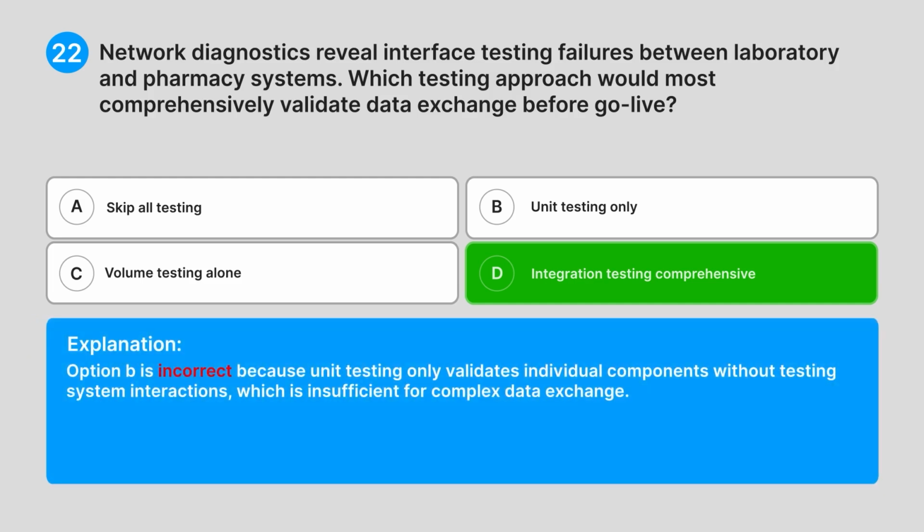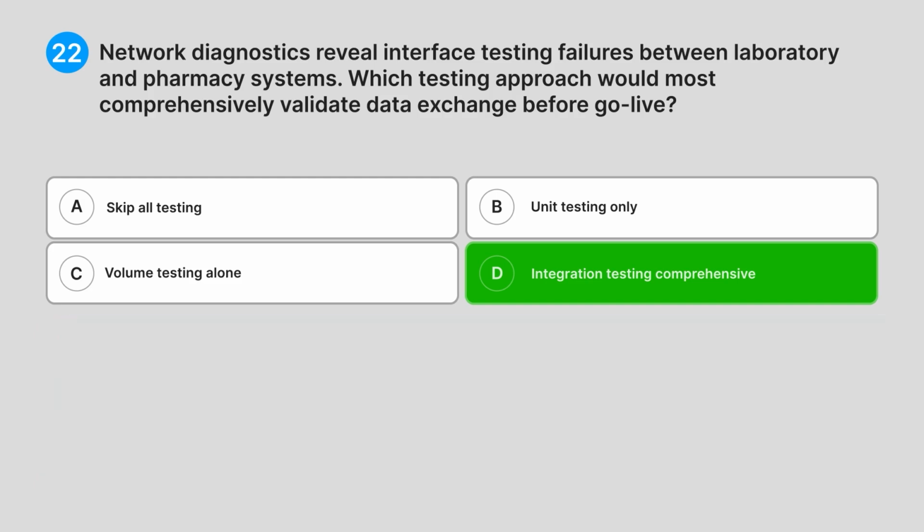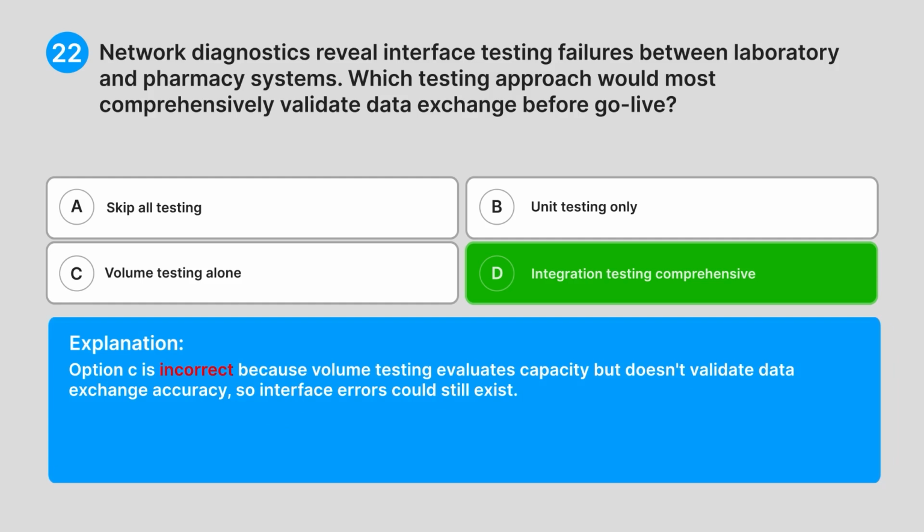Option B is incorrect because unit testing only validates individual components without testing system interactions, which is insufficient for complex data exchange. Option C is incorrect because volume testing evaluates capacity but doesn't validate data exchange accuracy, so interface errors could still exist.